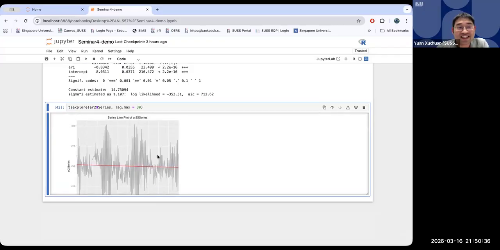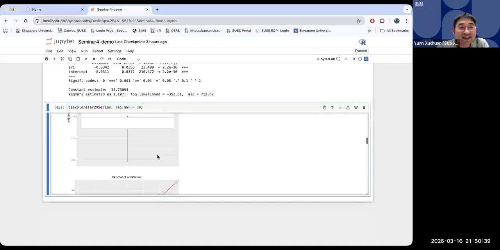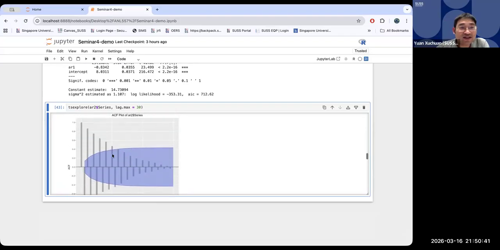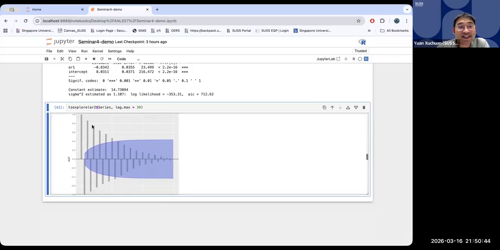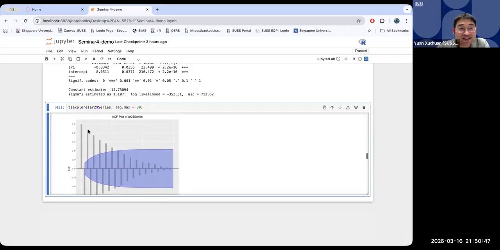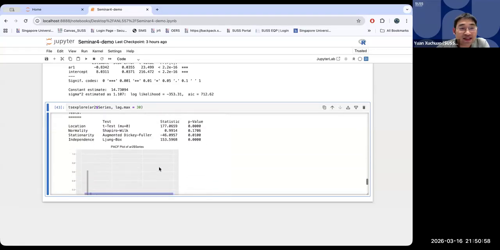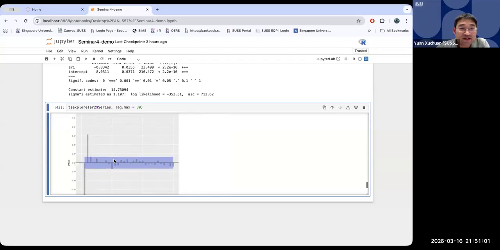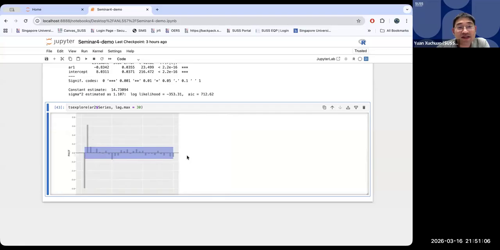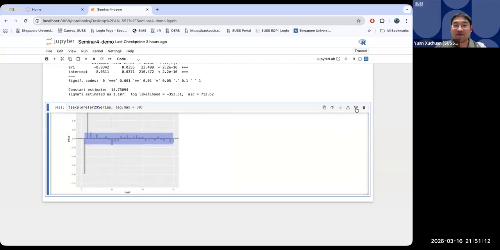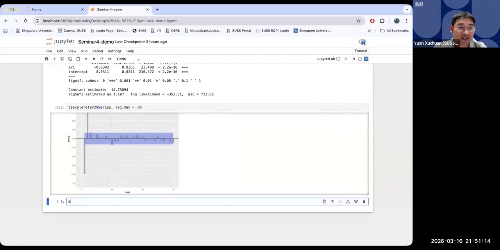Let's go to the ACF. You can see the ACF decreases exponentially but does not have a cutoff. But if you look at the PACF, at lag 1, lag 2, after lag 2 there seems to be a cutoff. So we may consider an AR2 process. Let's model this as an AR2 process.